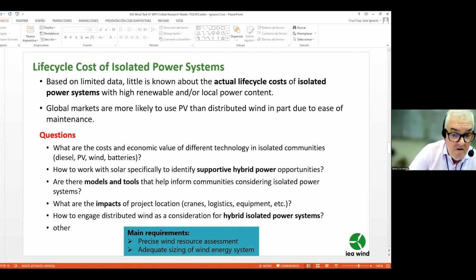But there is also an interest in developing models and tools to develop strategies for isolated solutions and hybrid solutions, which are really interesting, in terms of the total LCOE of the whole system.